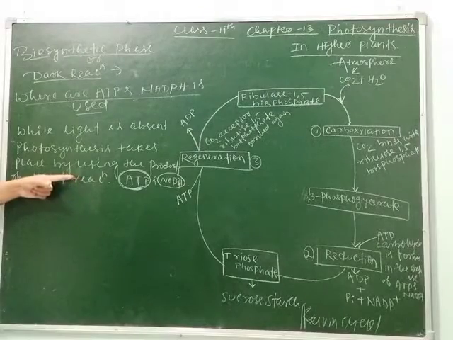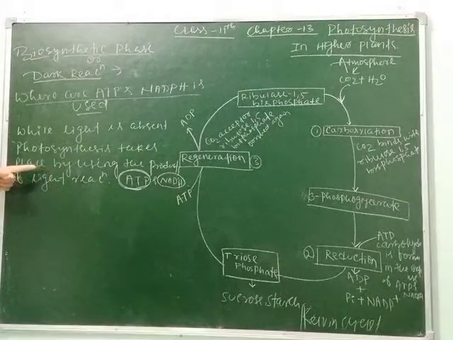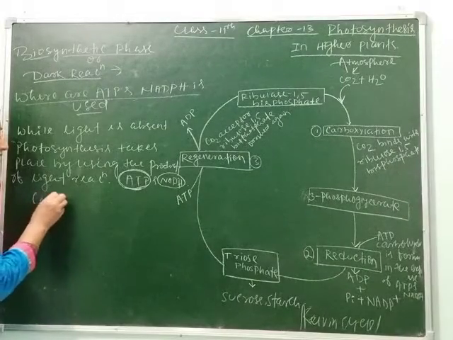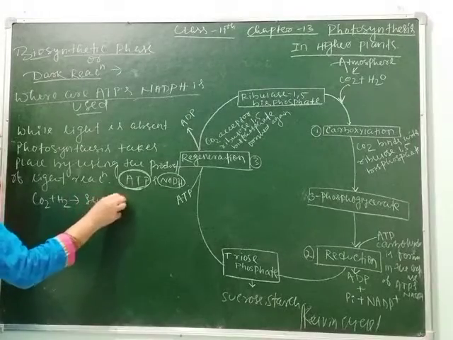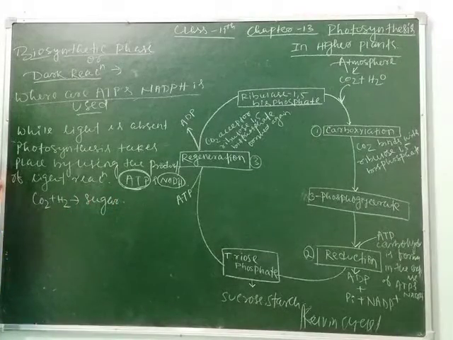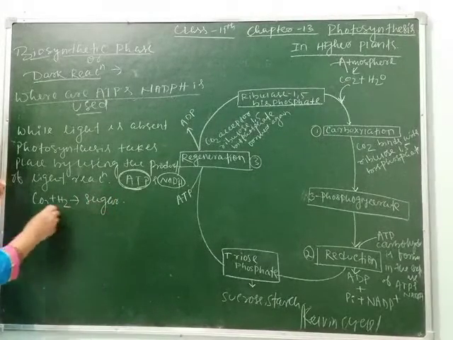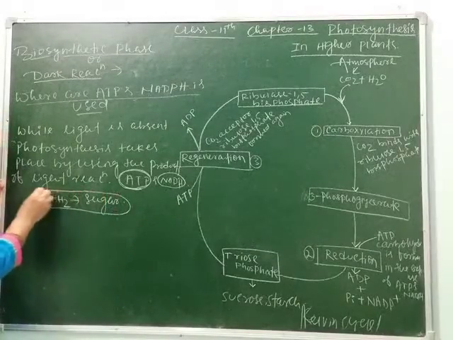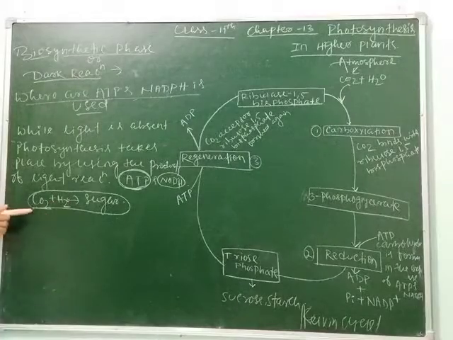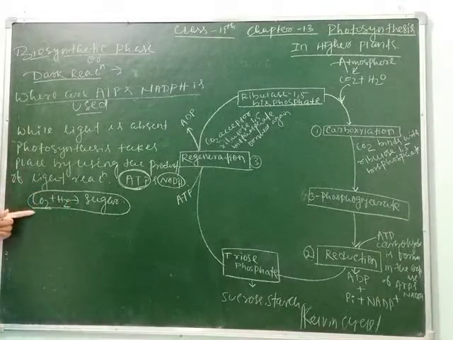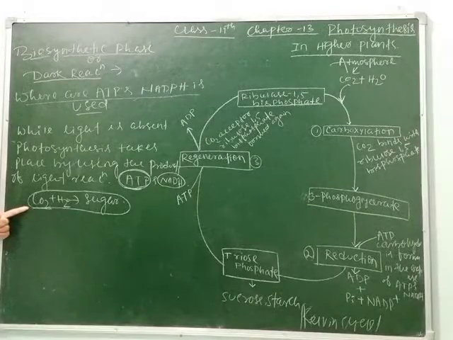Clear students? So carbon dioxide is combined with water to produce sugar. Sugar may be a monosaccharide, a disaccharide, or a polysaccharide, whatever the sugar is. For formation of sugar, carbon dioxide and water are needed.